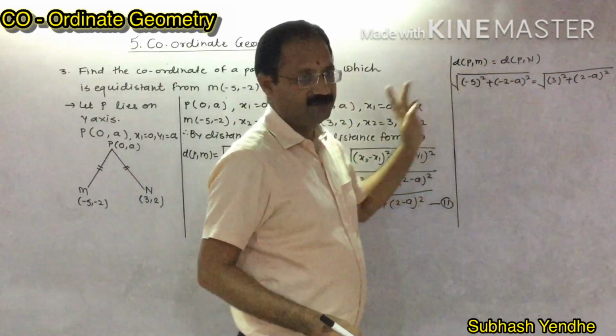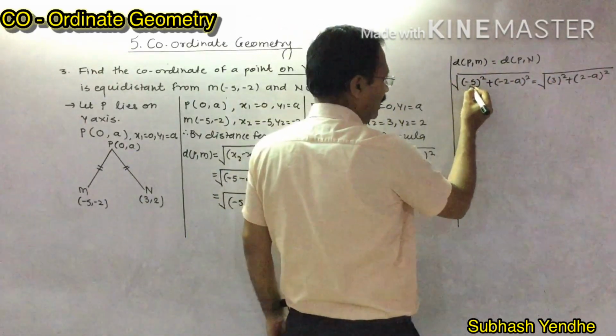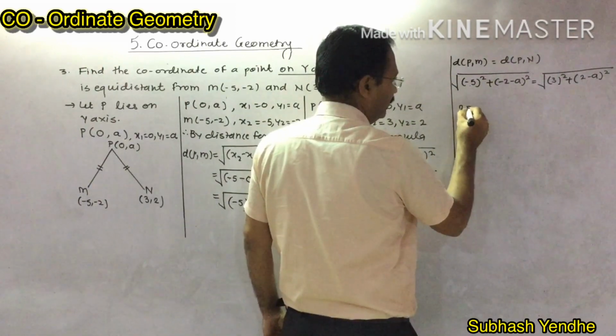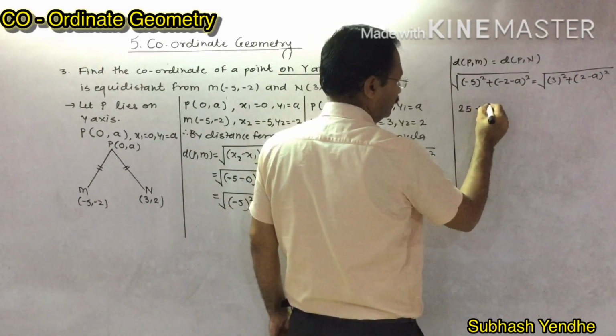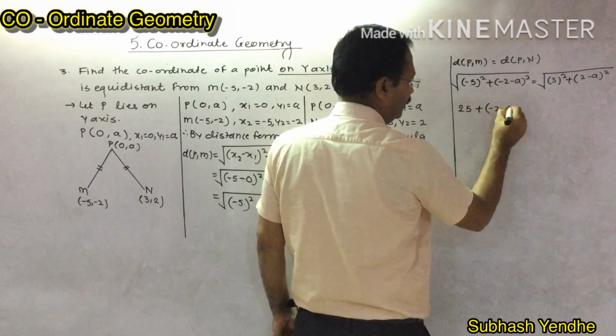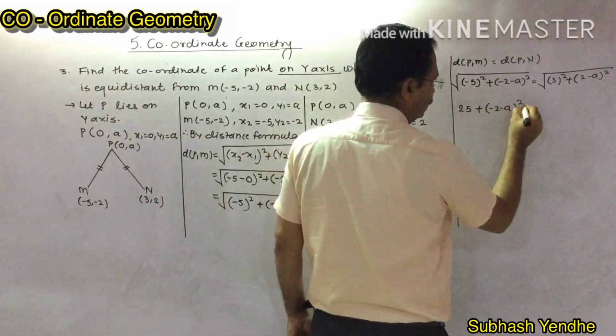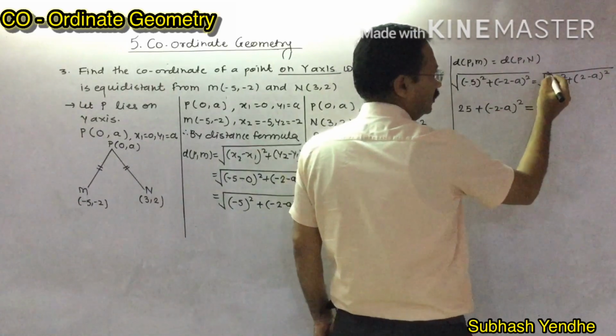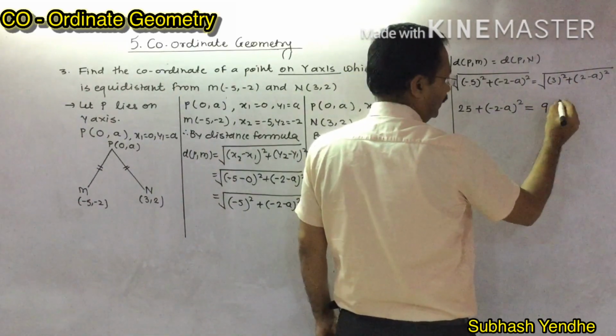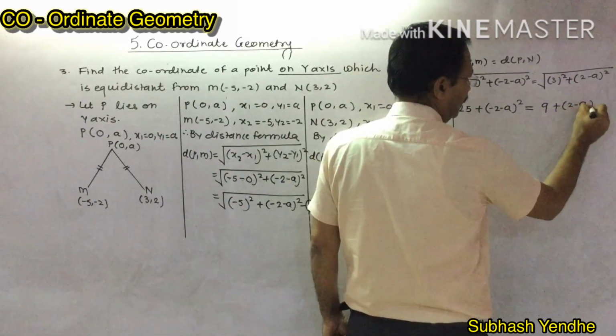The root will be cancelled from both sides. So you get (-5)² which is 25, plus (-2 - a)² as it is, equals 3² which is 9, plus (2 - a)² as it is.